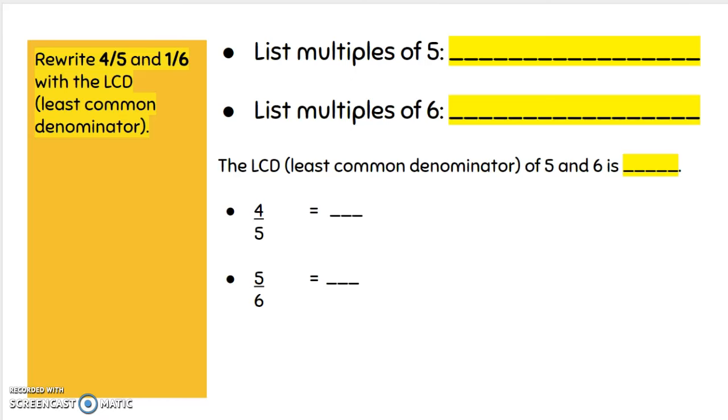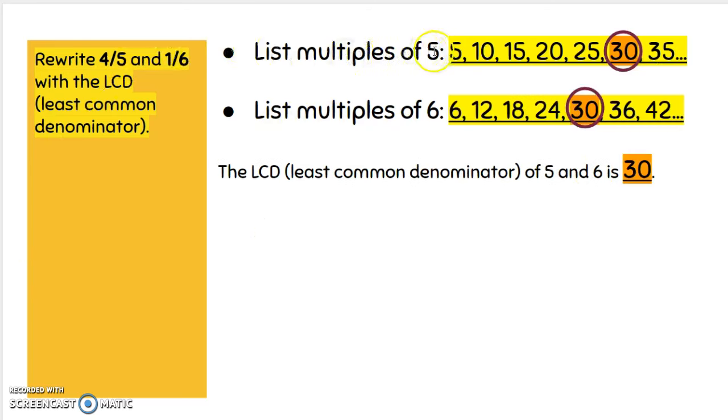We have to find the least common multiple of 5 and 6, since those are my two denominators. So take a moment, pause the video. Here on your notes, I want you to list out the multiples of 5, and here I want you to list out the multiples of 6 and identify the least common multiple. Pause the video and do that now.